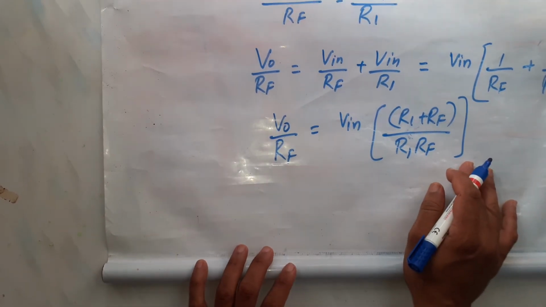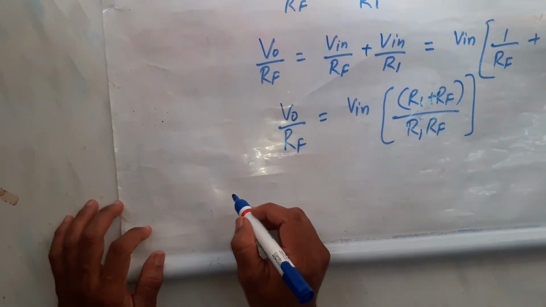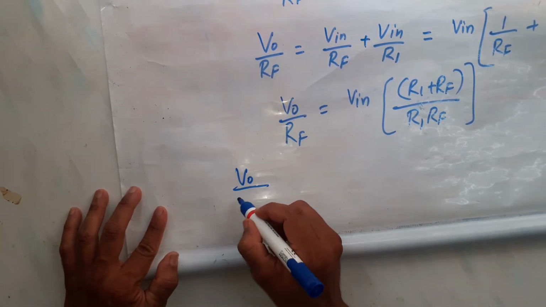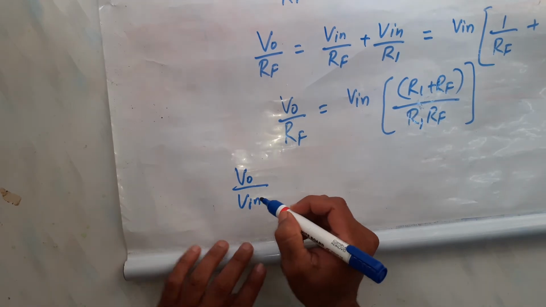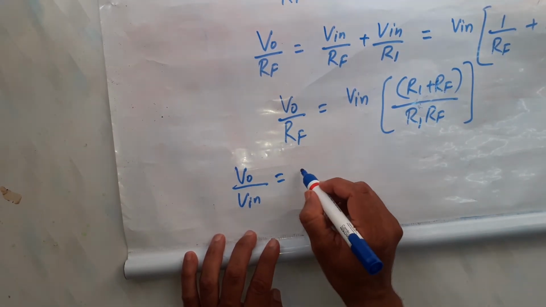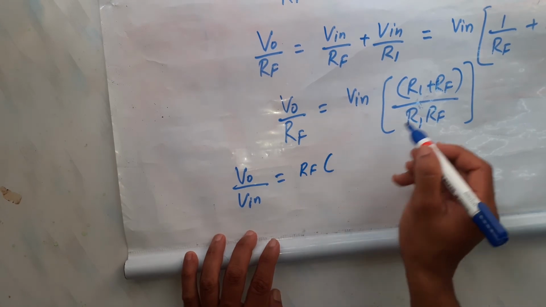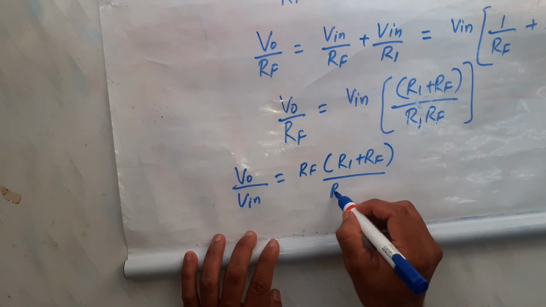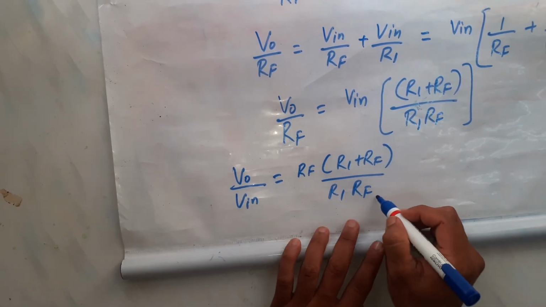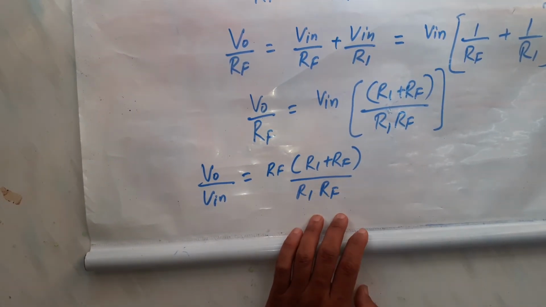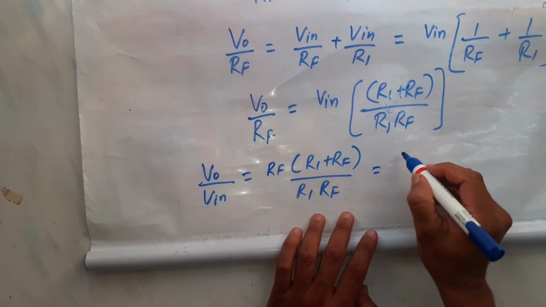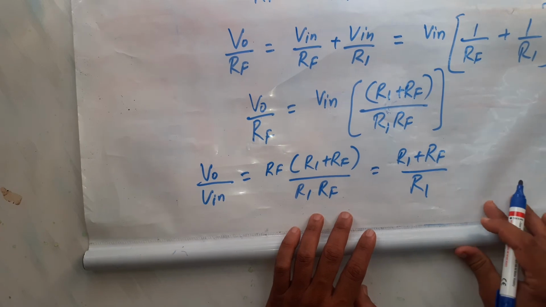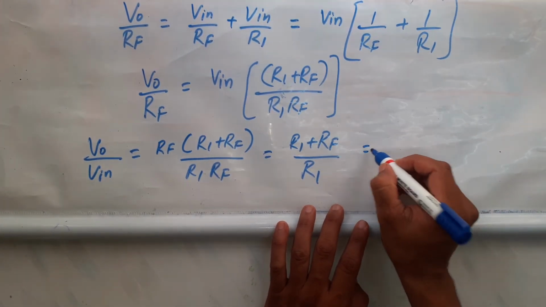Now further, how will you simplify? Now this Vin I will take here: V naught divided by Vin. This RF I will take on the right hand side: R1 plus RF divided by R1 RF. This RF gets cancelled, so I am remaining with R1 plus RF divided by R1.